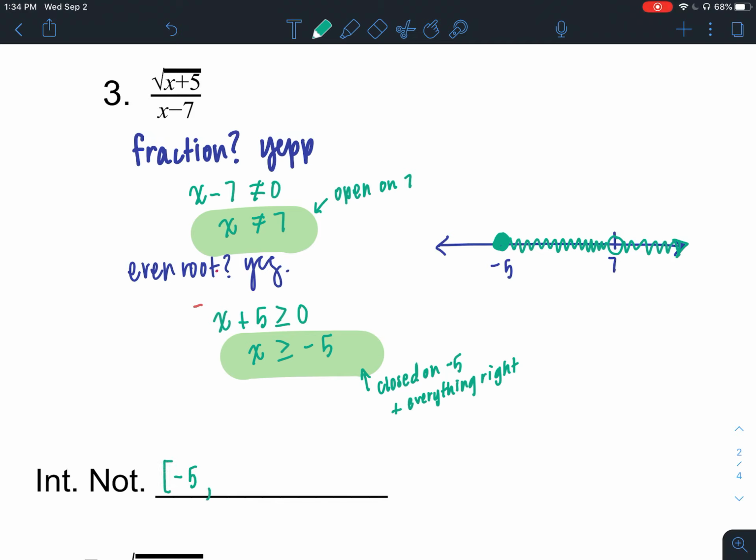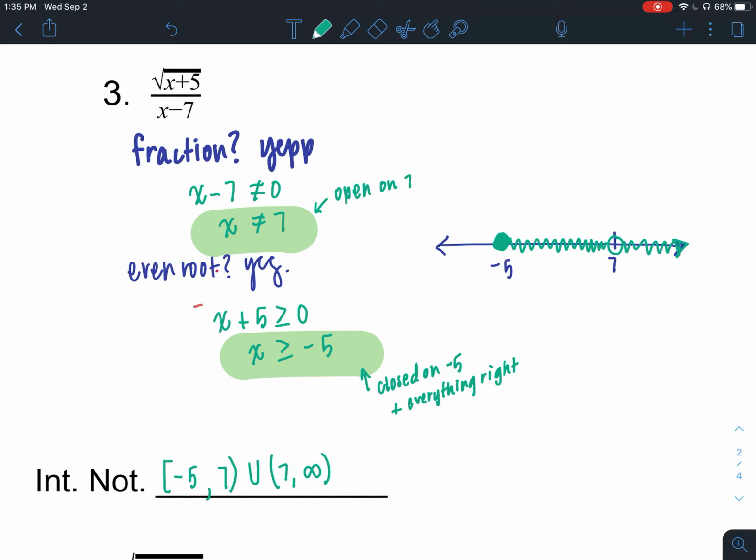Then we go up to 7, and then we have to stop. And it's not included, so we're going to use a parenthesis. Then we're going to use this little union symbol again to tie them together. I picked up my pencil at 7, and I set it down on the other side of 7. And then it goes on up to infinity.